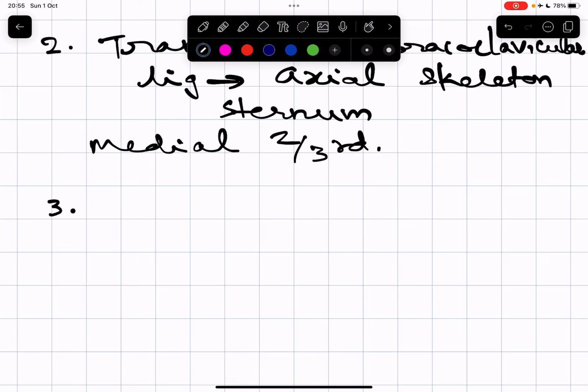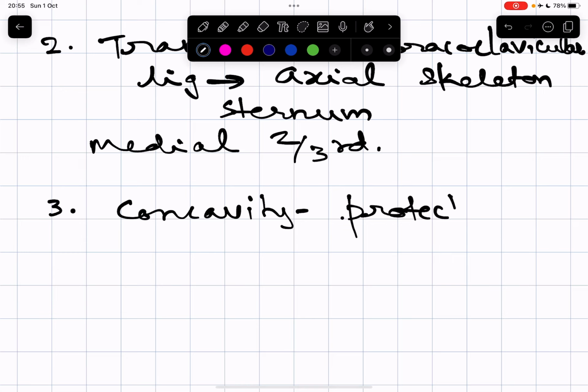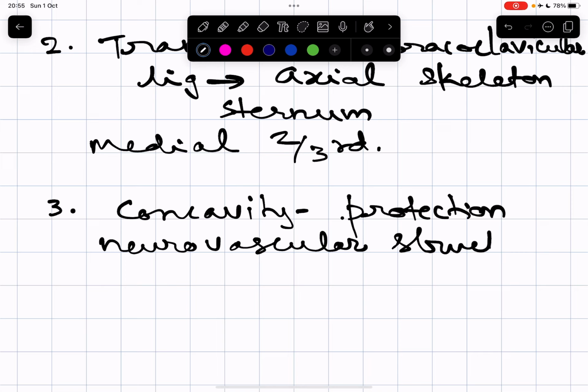This concavity offers protection to various neurovascular structures at the root of the neck, such as the great vessels of the neck, the internal jugular vein, the subclavian vein, the subclavian artery, the trunks of the brachial plexus, etc. All these are protected by the concavity present on the posterior surface of the medial two-third of the clavicle.